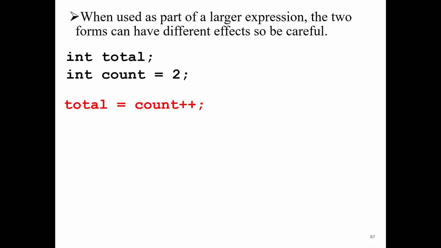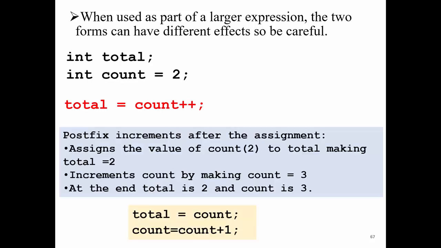What is the behavior in this case? Count will be equal to count plus 1, then you have the values. Give us the values. Total will be 3 and count will be 3. That is not correct.